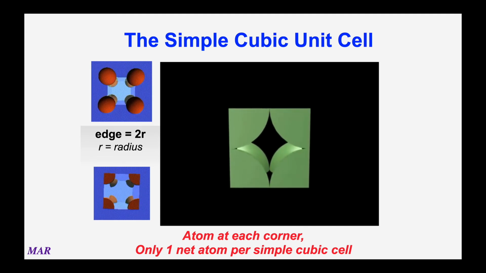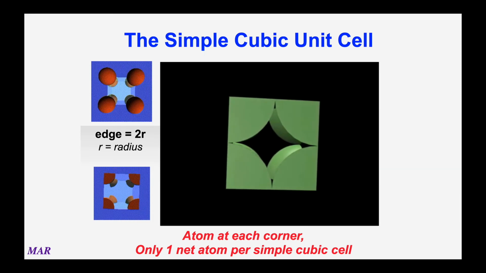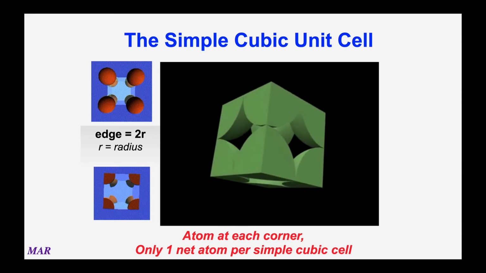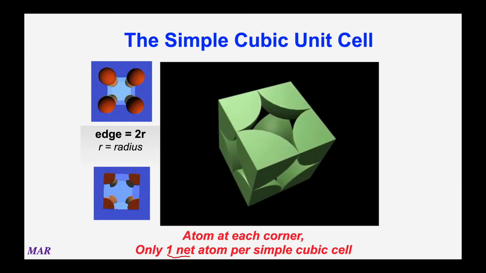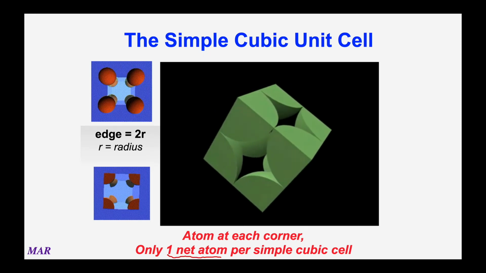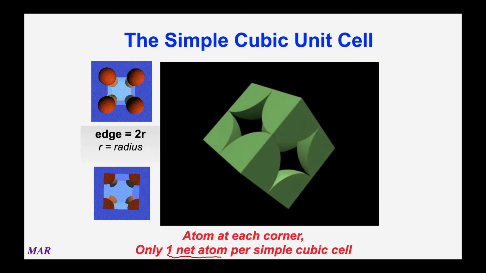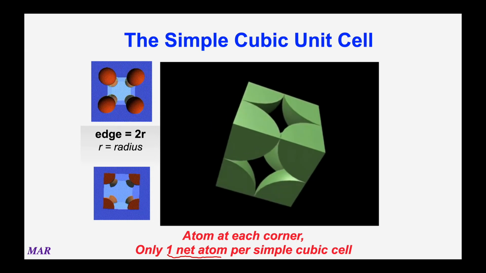So when people talk about the number of atoms in a simple cubic cell, you have 8 atoms where there's 1/8 still left in the cube. So 8 times 1/8, simple cubic has 1 net atom. So every time we talk about a simple cubic, you should think that there's 1 net atom. Technically, it's 8 times 1/8 atoms, but net is 1 net atom.